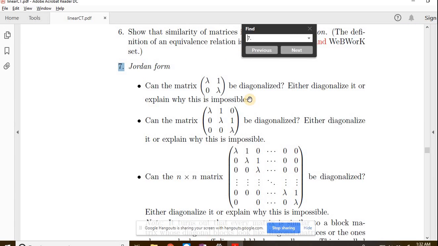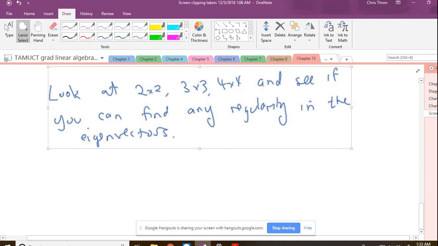The reason there are an infinite number of eigenvectors is because a multiple of an eigenvector times a matrix is equal to a multiple of the eigenvalue times the vector.